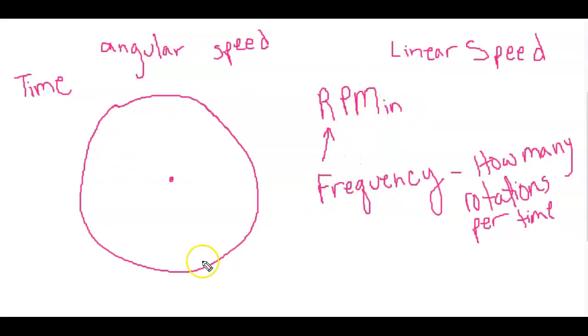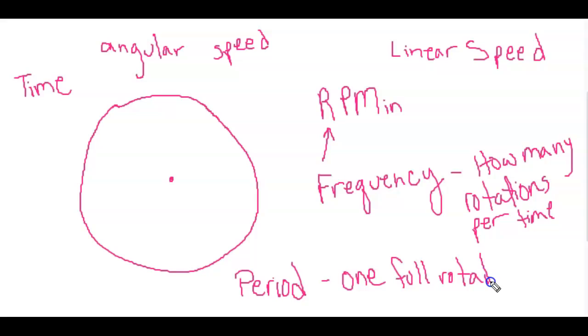Another way to think about how fast your circle is spinning, how fast are we going around this circle. We also talked about yesterday when we first introduced the graph, we said one full rotation was its period. So it's one full rotation takes how long?